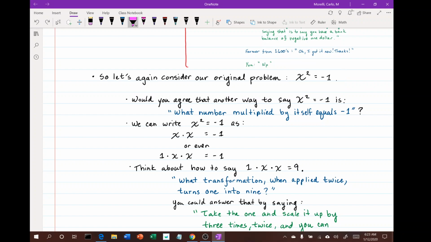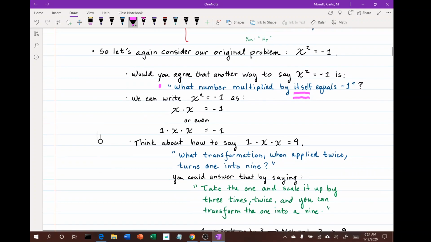Would you agree with me that another way to say x squared equals negative 1 is, here's the thing, what number multiplied by itself equals negative 1? So we can write x squared equals negative 1 as x times x equals negative 1, or even 1 times x times x equals negative 1.